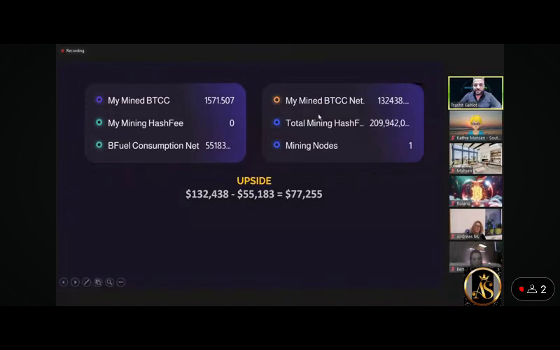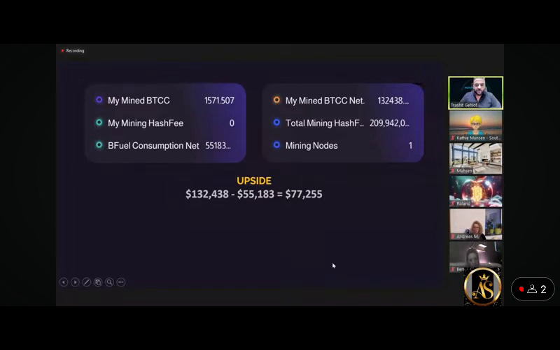See this. This is just an example. The mined BTCC are almost 15,000, or 1,571, and their net worth is 132,438, while the cost in terms of fuel is 55,000. See the upside, $77,000. And these are not just the latest screenshots.